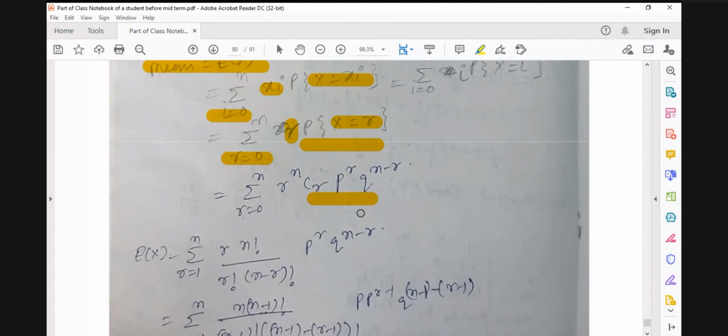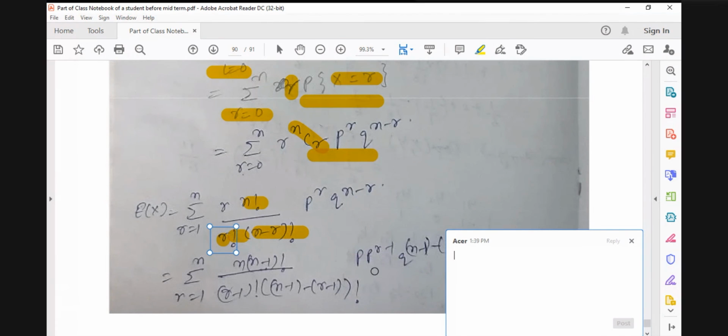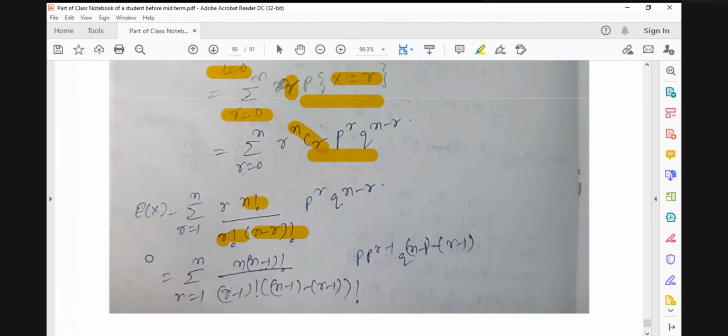And then this is summation r goes to like this, r into this, and then this nCr you open in this form: n factorial over r factorial n minus r factorial. And then this r factorial can be rewritten as r into r minus 1 factorial, and then r from the numerator will cancel out with this r factorial, and we are left with this r minus 1 factorial.